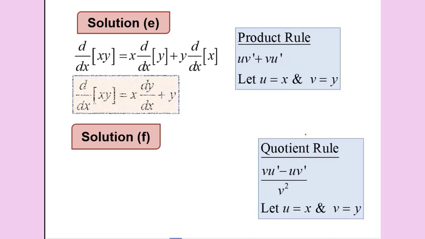Atau ini product rule. Ini x, y kan. xy. In this one is u, this one is v. So u is equal to x, v is equal to y. Okay, so u prime, u equals x, v, y.